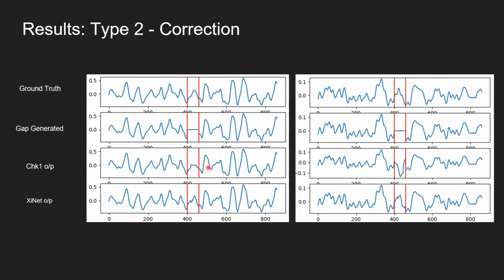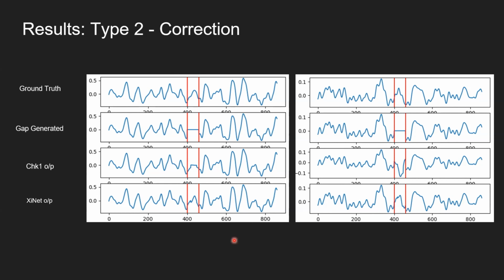In our previous model, if you can observe, the pattern was detected, but the model was not able to reconstruct the image fully, but ZyNet was able to do that. And in the right graph, we can see that the previous model output was completely wrong, literally the inverse of the graph. But ZyNet again was able to reconstruct that too.